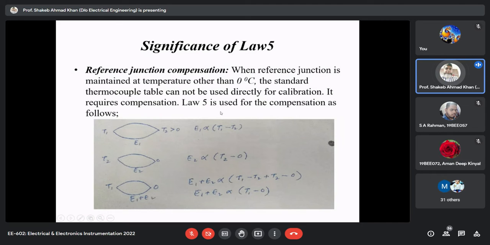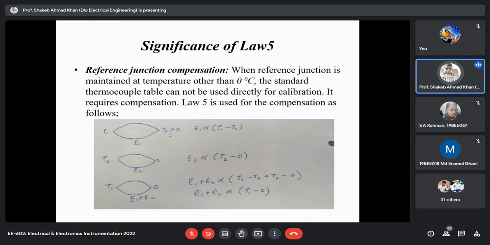So this is the problem that we face when your reference junction is not maintained at 0 degrees Celsius. Then we go for reference junction compensation. As I told you earlier, when measuring with a thermocouple, the essential condition is that your reference junction temperature should be maintained at a constant value, and it is most desirable if it is maintained at 0 degrees Celsius.